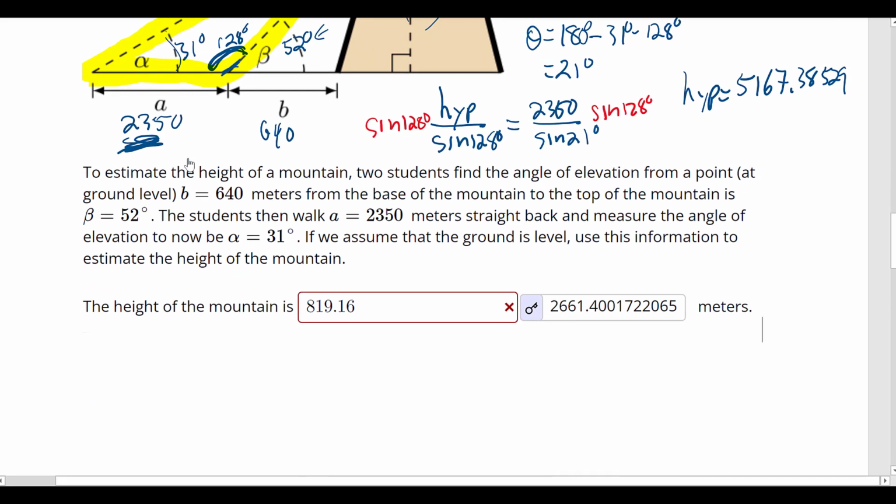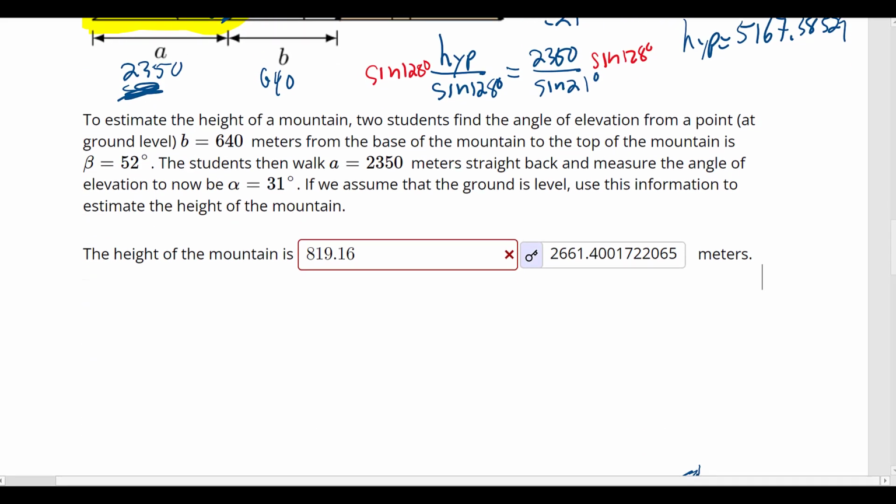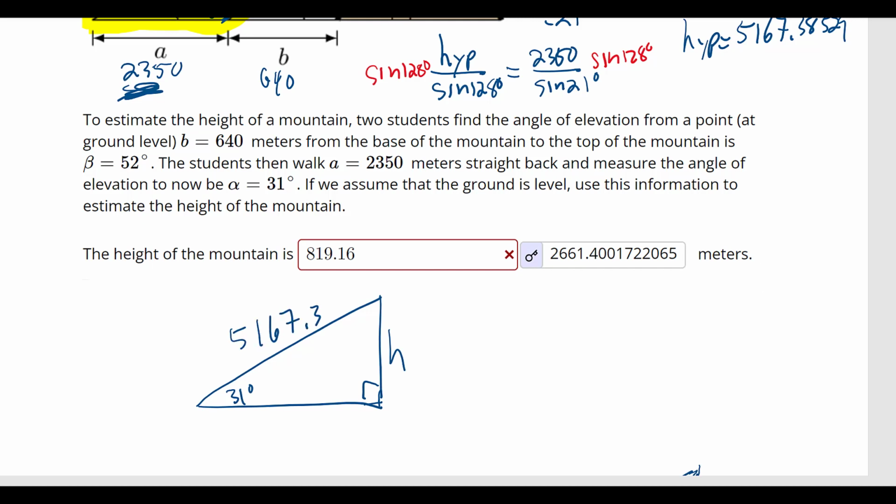Now what we're looking at is that bigger triangle. This angle down here is 31 degrees. This is a right angle. That's for the height, and this was the 5167.38529. What relates these is sine. So sine of 31 degrees is h over 5167.38529.